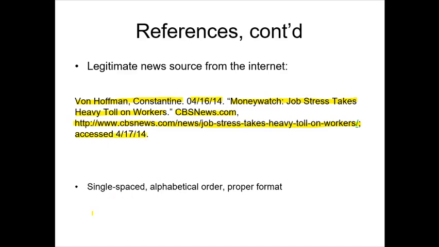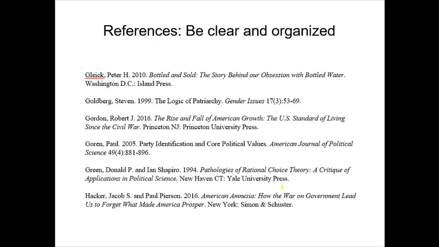So keep in mind that the page of your bibliography is going to be in alphabetical order, single-spaced for clarity, and be sure to use the proper format. So you want it to look very clear and very organized. Here's just a sample of some alphabetical sources taken out of a bibliography.